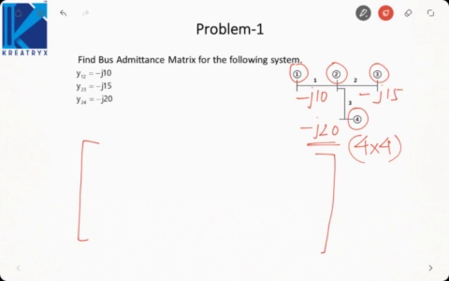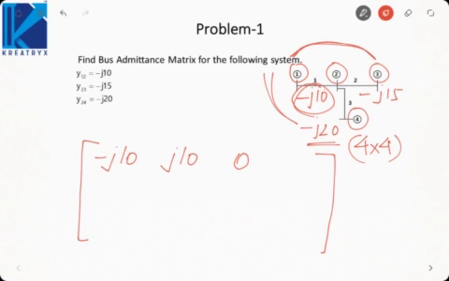So first of all, Y11 is the sum of all the admittances connected to bus 1. Bus 1 has only one admittance connected to it, which is minus J10. Y12 is the negative of the admittance between 1 and 2, that is J10. Y13 is the admittance between 1 and 3, which is 0, as there is no admittance between 1 and 3. Similarly, there is no admittance between 1 and 4. It is also 0.